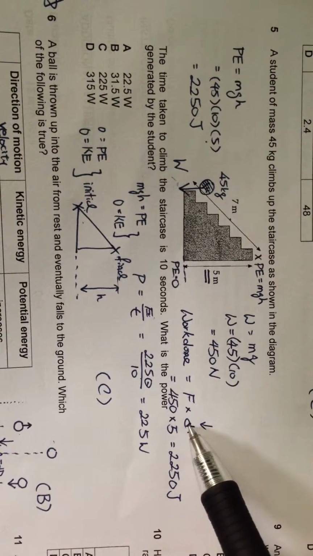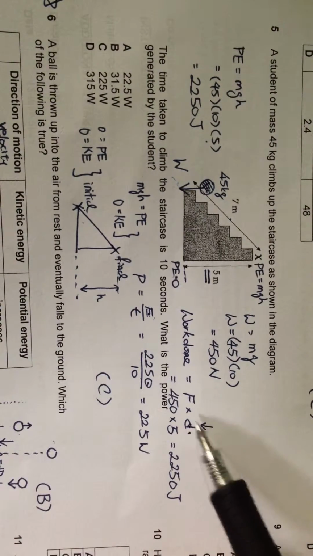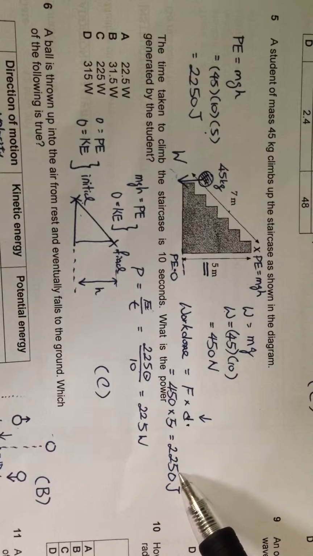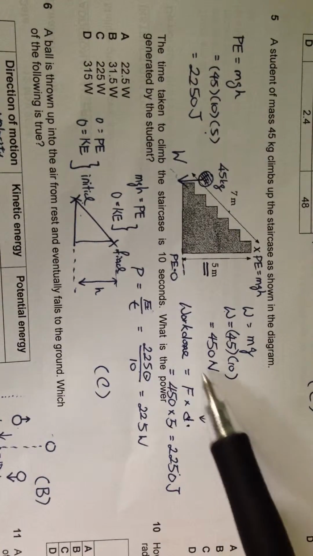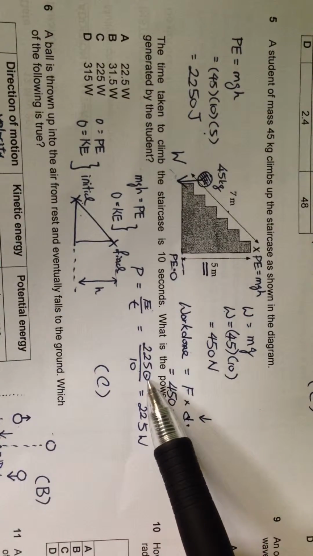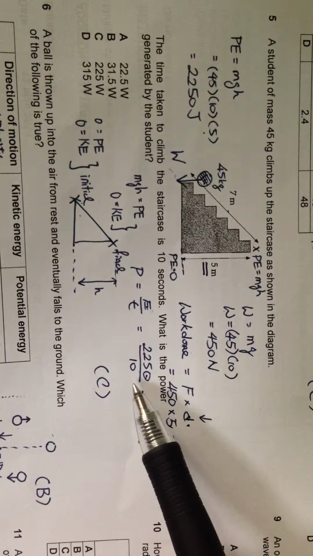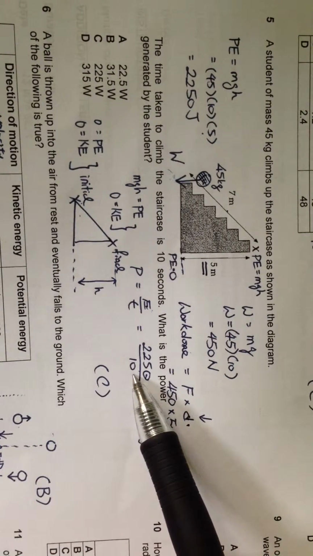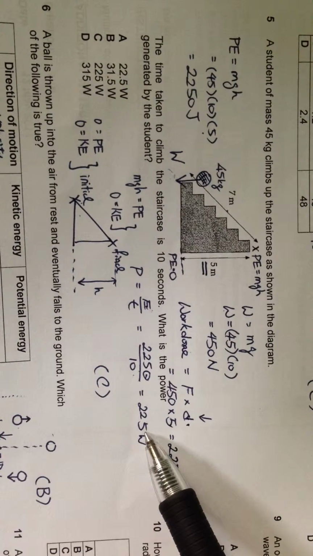So therefore, for my distance here, I have to consider the vertical distance as well. So therefore, I have to choose the 5, and you see that you get 2250. So since now you have the work done, you can substitute into this E as well. So this E can take on 2250, which is the rate of work done, and it will be over the time taken for this work done to complete. So again, you get 225 W.